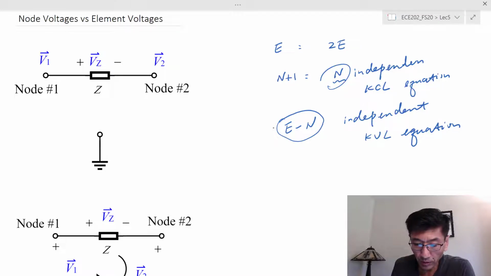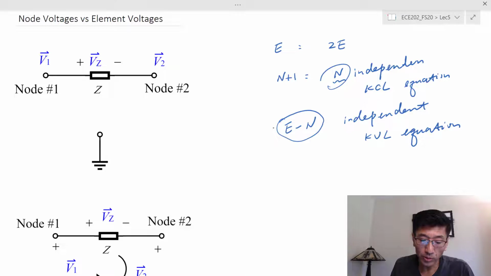Okay. So the first thing is what this node voltage really is. Normally when we see a voltage, we have two points. We mark a plus reference mark on one node, and we mark a negative or minus reference mark on the other node, and then we label that.